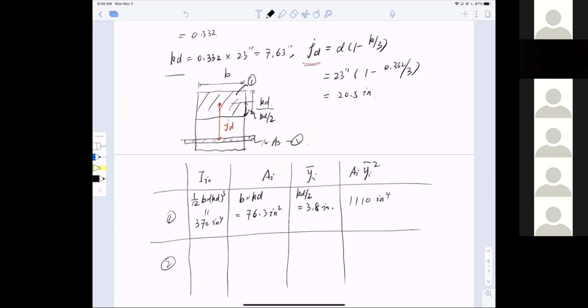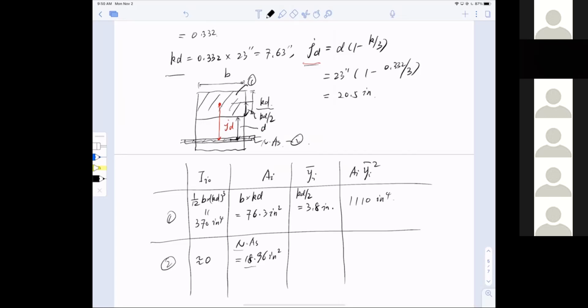Okay. So for the little strip here, the moment of inertia of itself, again neglected, is 0. Area is nAs, so equal to 18.96 inch squared. Don't forget there's no n minus 1, right? So this is a little bit higher than the uncracked section. Okay. yi bar is the distance between the centroid and the neutral axis right here.